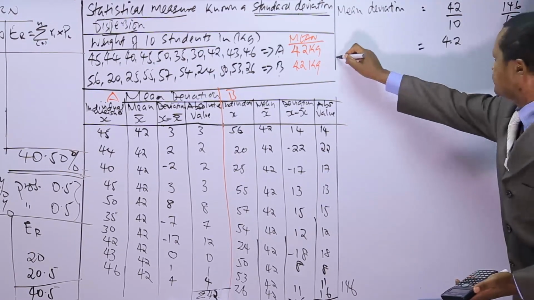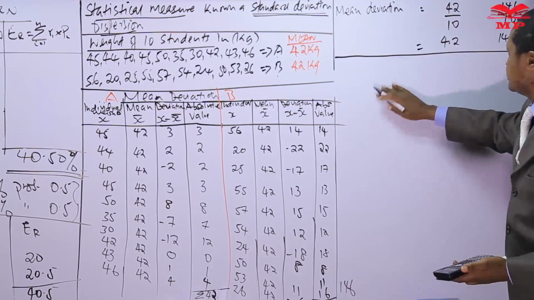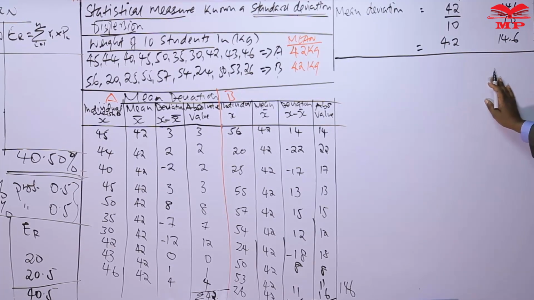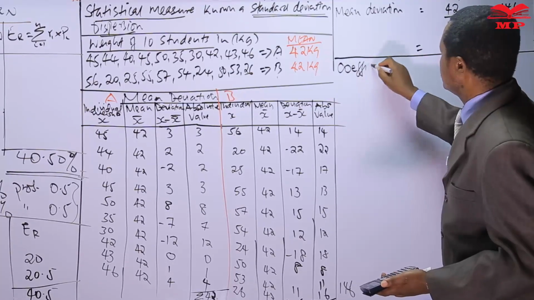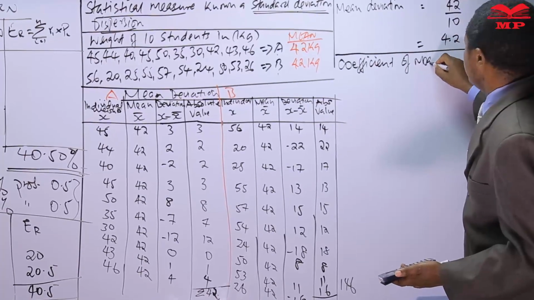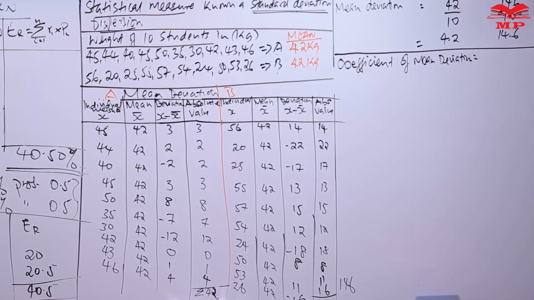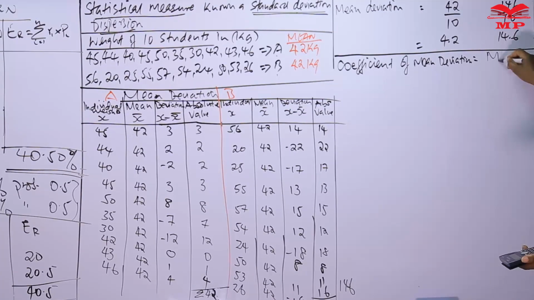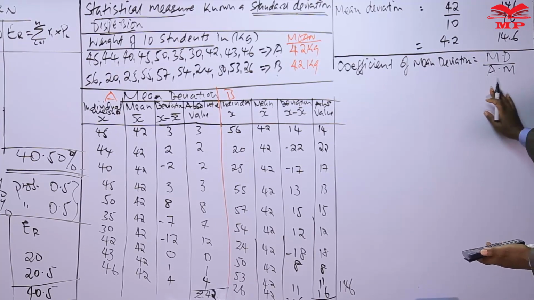And just to remind ourselves further, when the mean deviation is divided by the arithmetic mean, we get the coefficient of mean deviation.